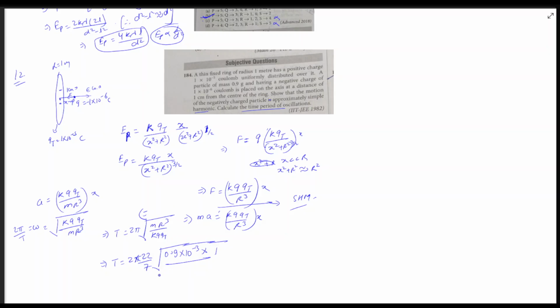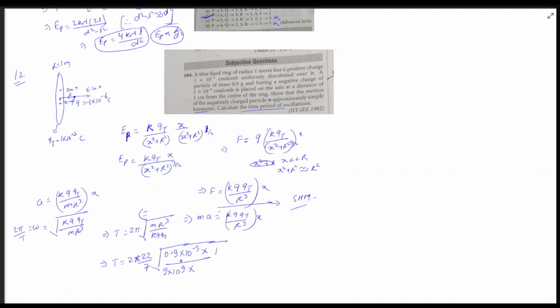So it is 1 upon 4 pi epsilon naught, which is 9 into 10 raised to power 9, q. q is 10 raised to power minus 5 and 10 raised to power minus 6. So it will be 10 raised to power minus 11.